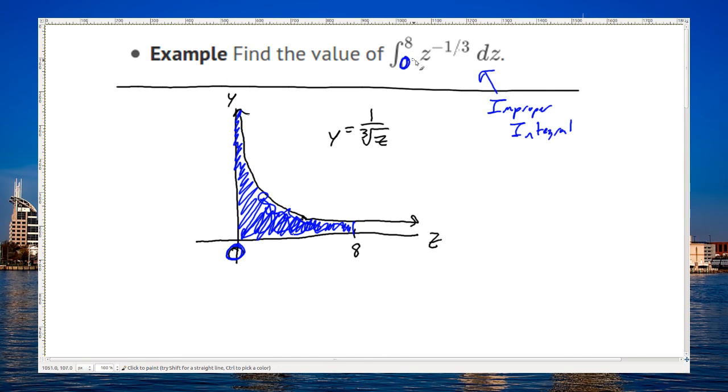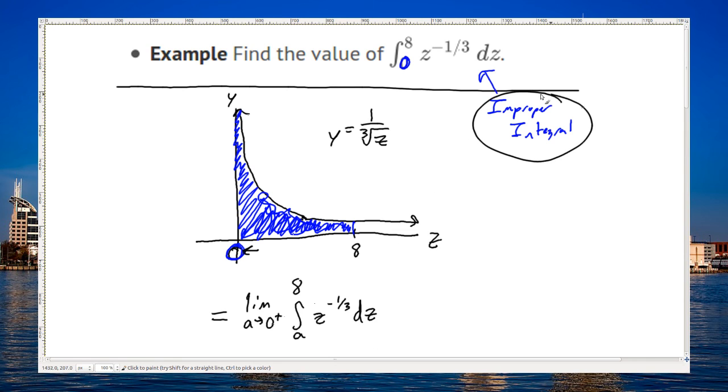And since 0 is not part of the domain of z to the negative 1/3, to evaluate this, I will evaluate it by taking the limit as a goes to 0, and I can do it from the right because I only care about values bigger than 0, between 0 and 8. And it'll be the limit of the integral from a up to 8 of z to the negative 1/3 dz.